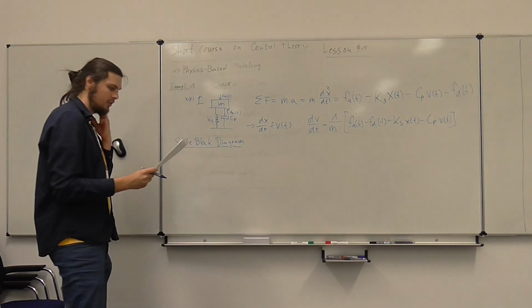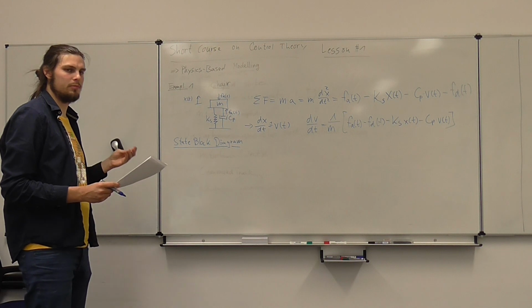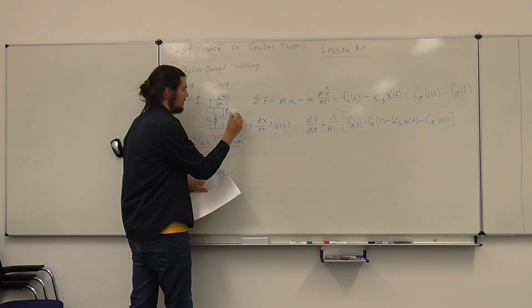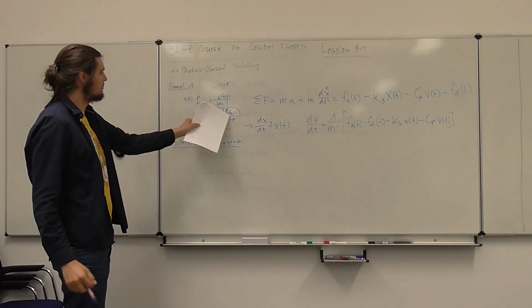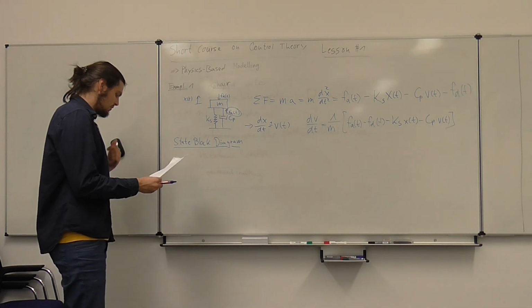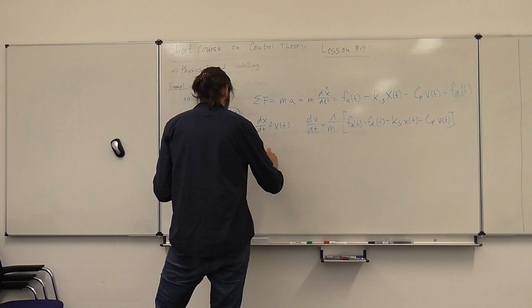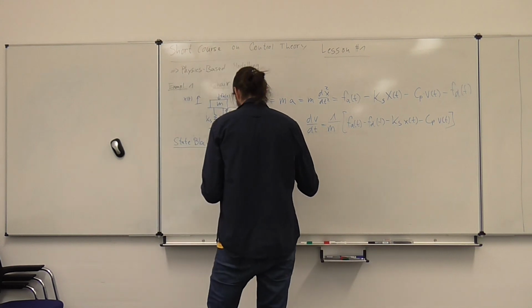The main rule here is that we keep everything in the units of the manipulated input. What would be our manipulated input? It would be this actuating force, right? If we try to actually have influence on the system, this would be our manipulated input. So we keep it in this format, and you'll soon see why.